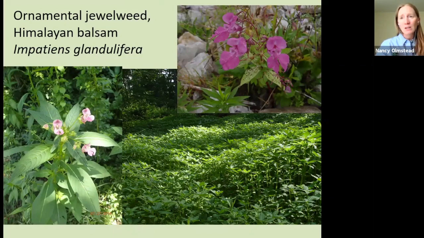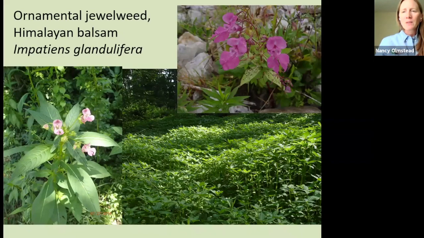This is in the same genus as our native yellow jewelweed or touch-me-not. But this has a much larger pink flower. So the flowers on this plant are like maybe 1.5 inches from top to bottom. And they have the same kind of exploding seed pod action where once the seeds are ripe and you touch the pod, it will disperse them violently, maybe 1 meter or so.